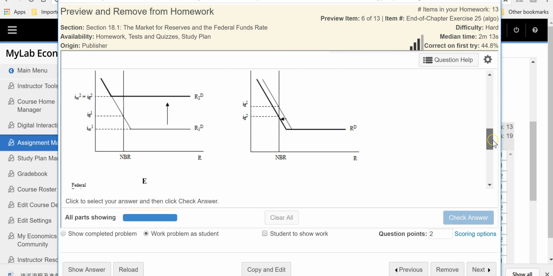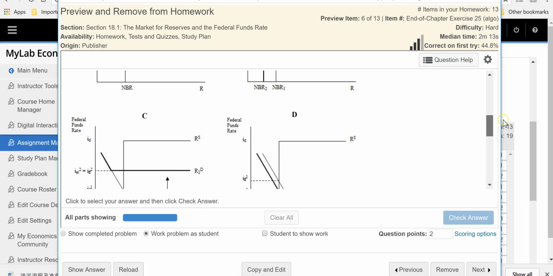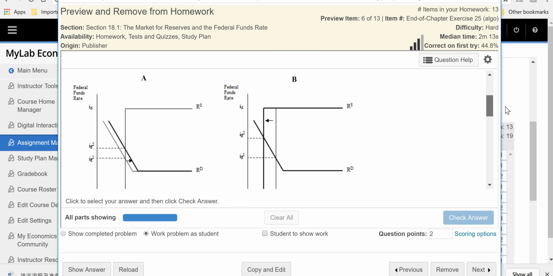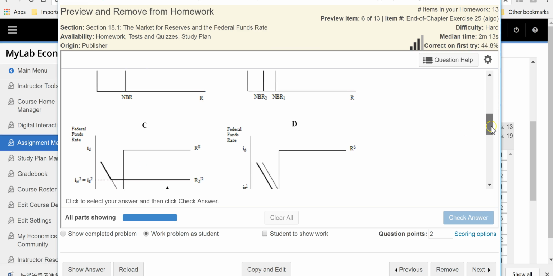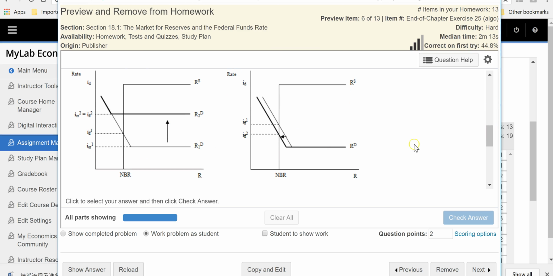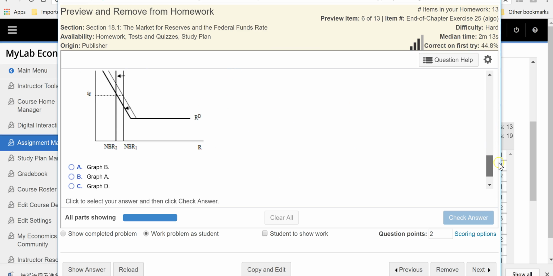So now let me tell you why I choose that. As I said, we look for the graph which shows that the lower portion, the horizontal portion of the demand curve, will be lifted. Obviously, A and B are not what we're looking for. And C is, and D and E are also not.